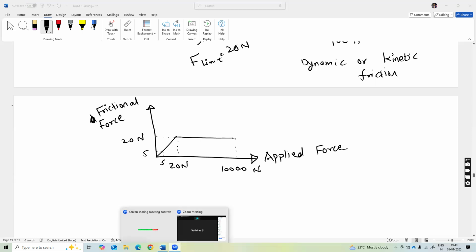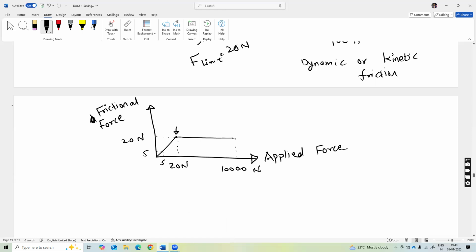So till this point it was not moving. So this point is basically the limiting frictional force. And since after this point it starts moving, this is basically known as dynamic or kinetic frictional force.